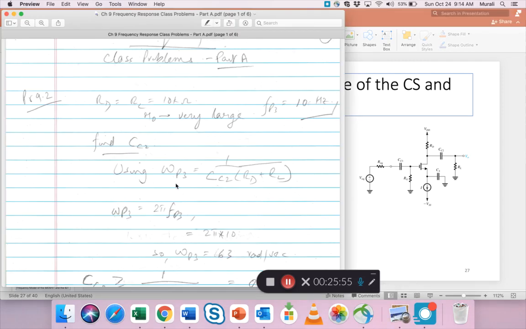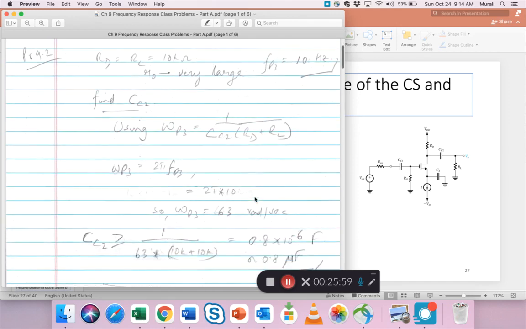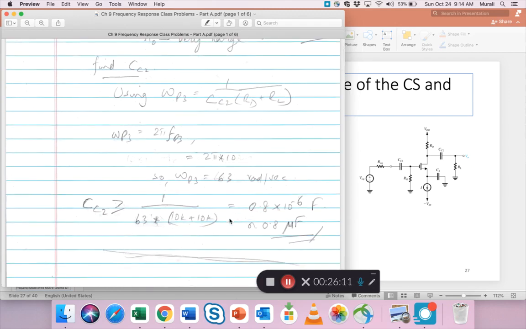Find CC2. Using this formula, omega P3 is 1 by CC2 into RD plus RL. That means omega P3, which is 2 pi f P3, is 2 pi into 10, which is 63, right? So omega P3 is 63. So if you take CC2 in this formula, this side, it becomes 1 by omega into RD plus RL.